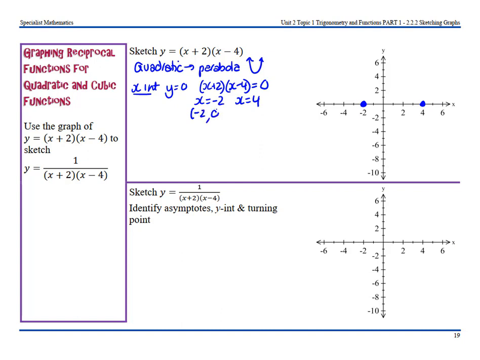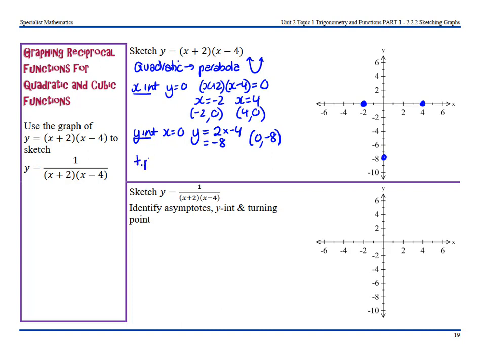So as actual intercepts or coordinates, our y-intercept is when x is 0, so it's going to be y equals 2 times a negative 4, which is a negative 8. So 0, negative 8.